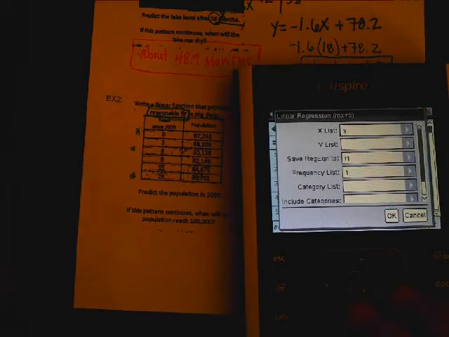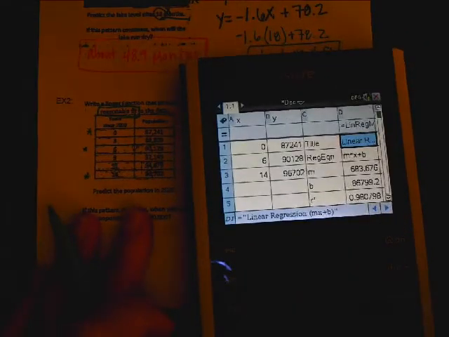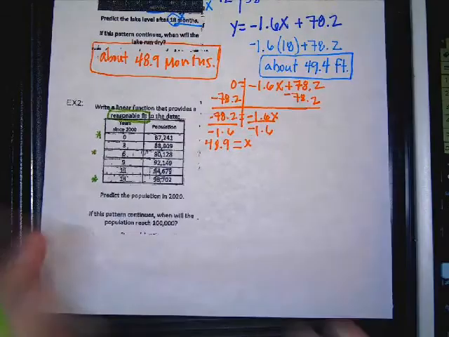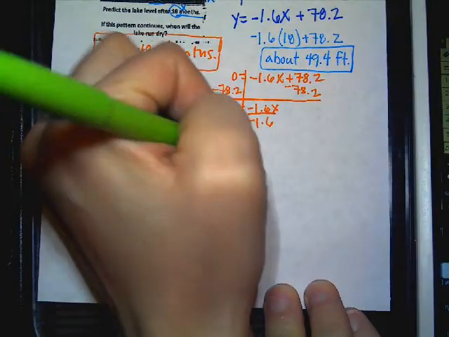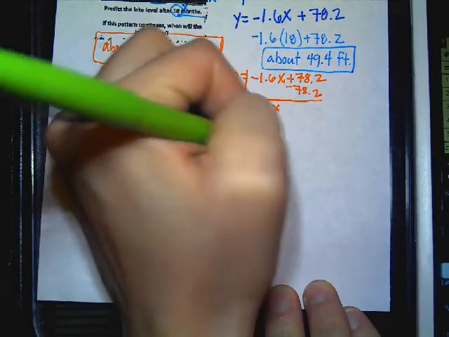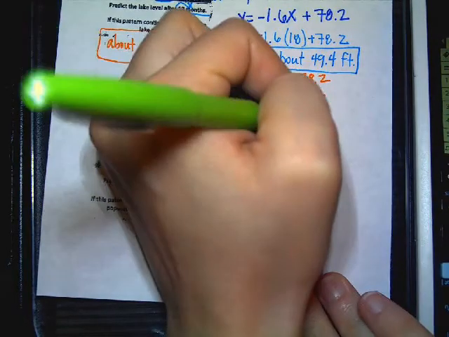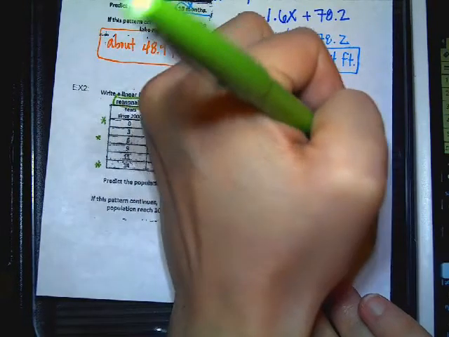X list, Y list, Y. Enter, enter. I'm going to get these long decimals, so I'm going to round them. Y equals 683.7x plus 86799.2.